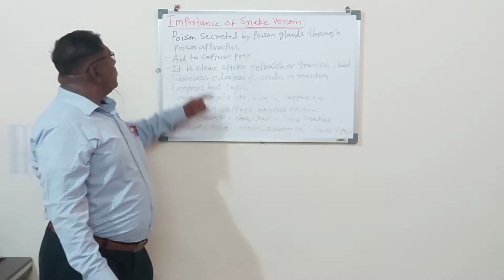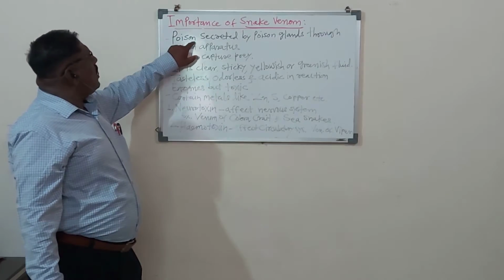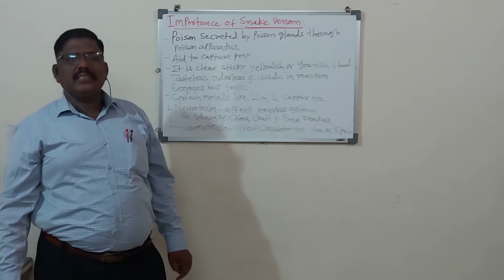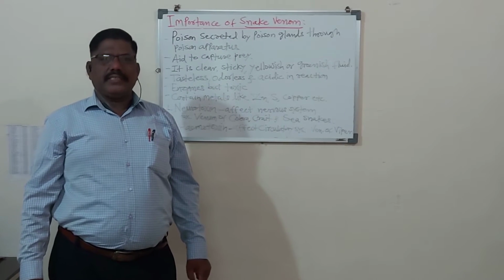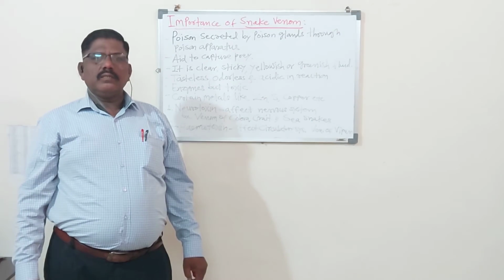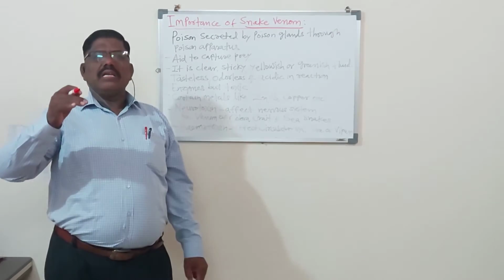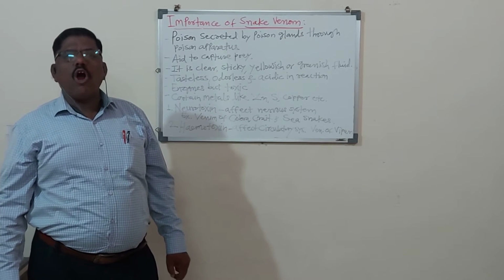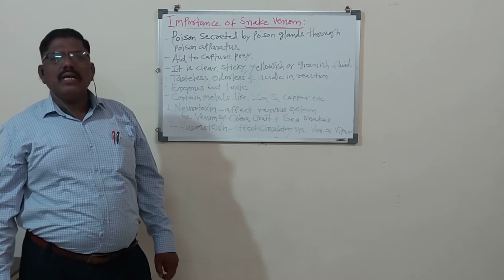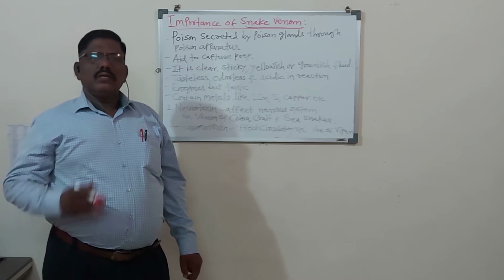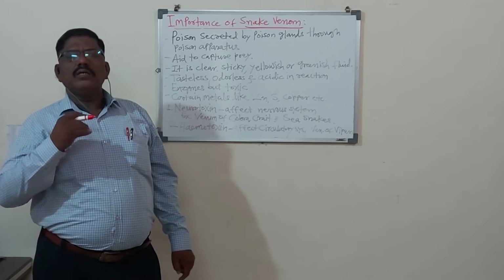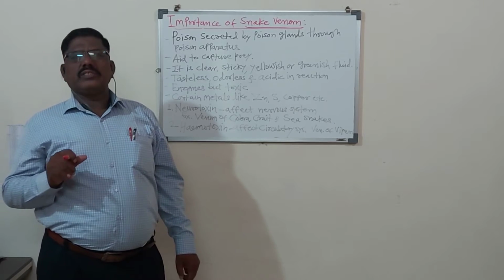So here listen carefully. The poison is secreted by poison glands. Poisonous snakes have the poisonous glands in the skull at the upper jaw. In the skull, towards the dorsal side of the upper jaw, there is a gland, the poisonous gland.